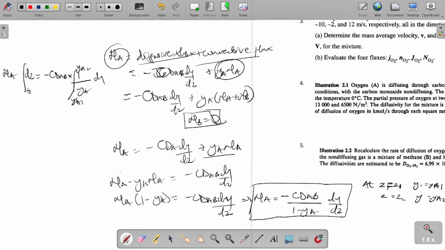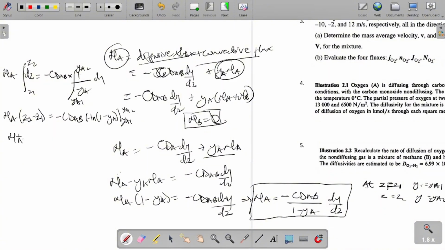Then I take from here from z1 to z2. So doing this integration, I'll be getting z2 minus z1 for that place. Then by here minus C D_AB. If I do my integration, I'll be getting negative ln of 1 minus y_A, which I have to put in my limits y_A1 to y_A2, right? So I'm getting rid of that.